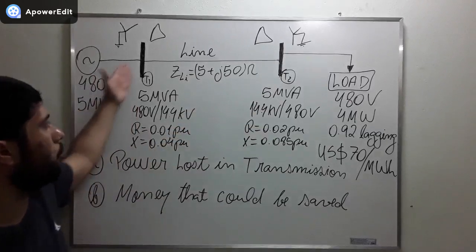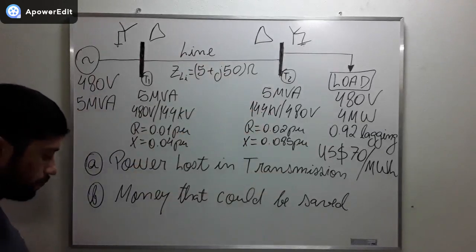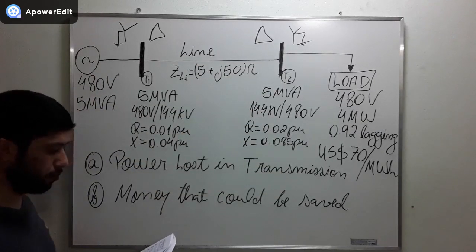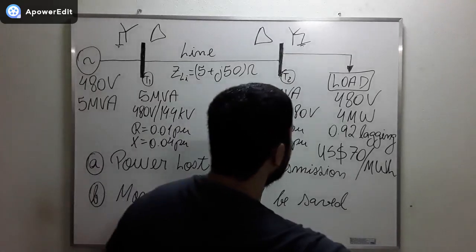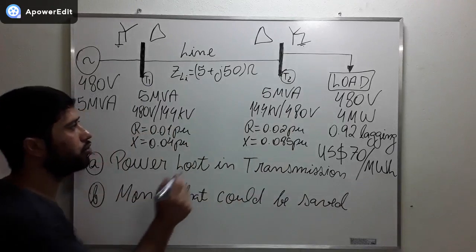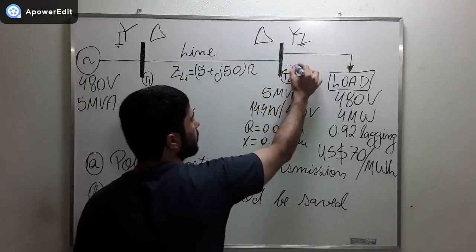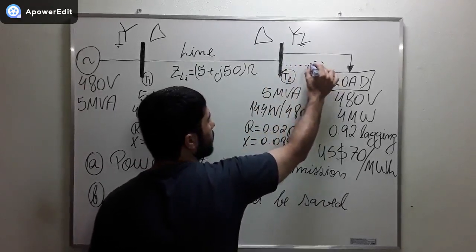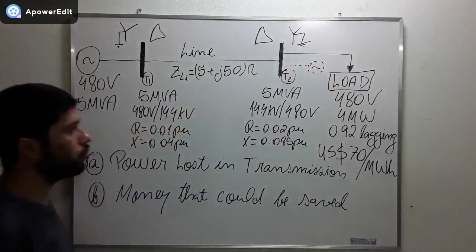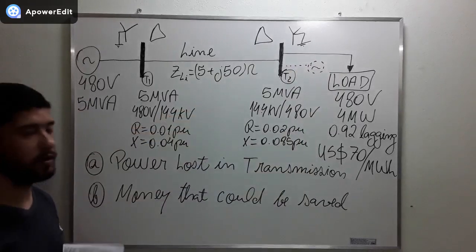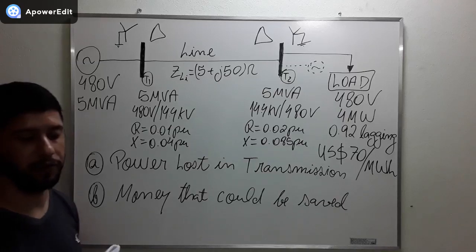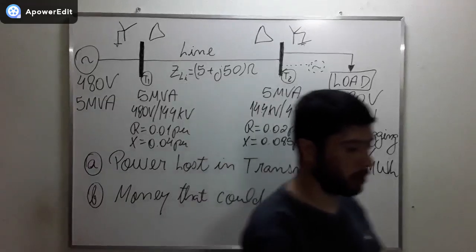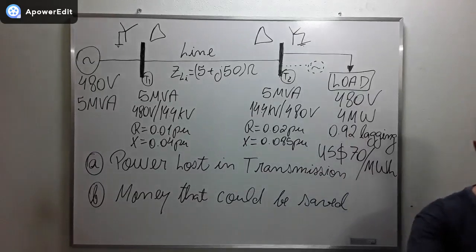So we're going to calculate all these losses. Letter B, the amount of money that could be saved if we could construct the generator here. If we could construct the generator there, how much money would we save?